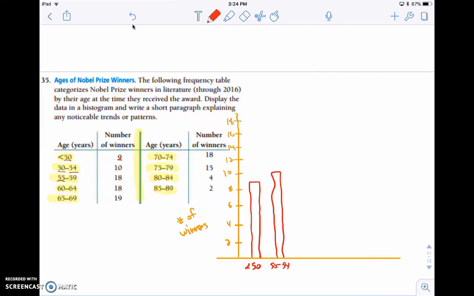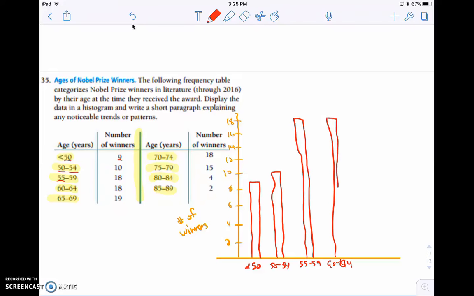The next one goes, so for 55 to 59, jumps all the way up to 18. And then 60 to 64. It also jumps all the way up to 18. I apologize for these bar graphs.